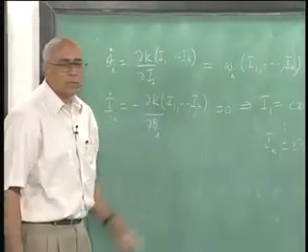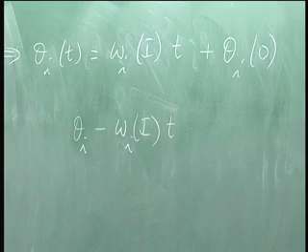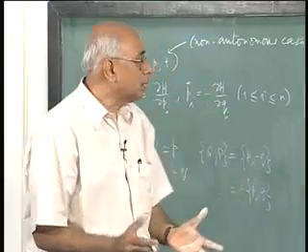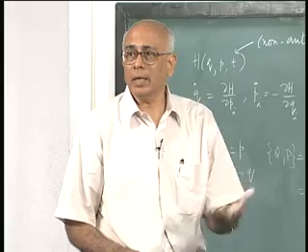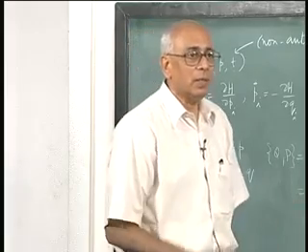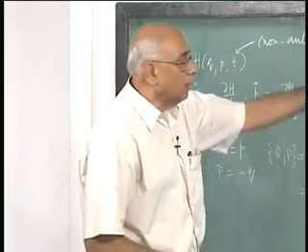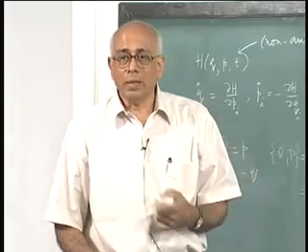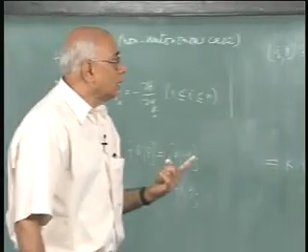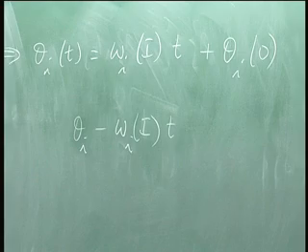Why I am going to call this an angle variable will become very clear, because we are going to look at bounded motion, motion in a bounded phase space, essentially oscillations of some kind, generalized oscillations, not free unbounded motion. Then these thetas will indeed turn out to be angles, and the problem is fully solved, you can see.